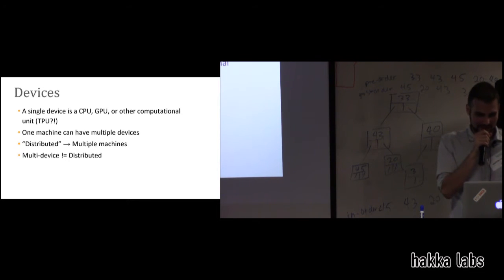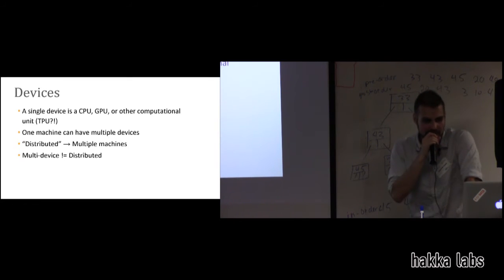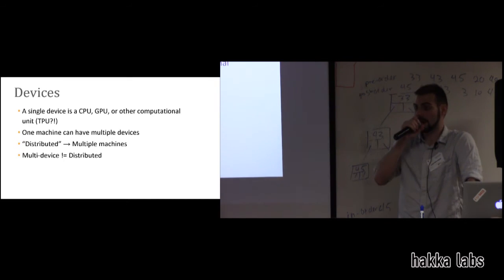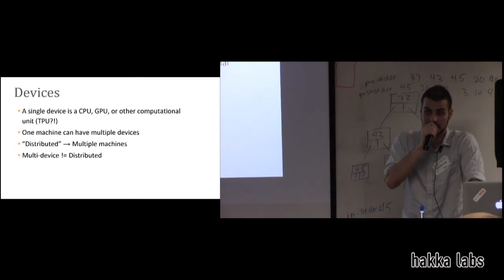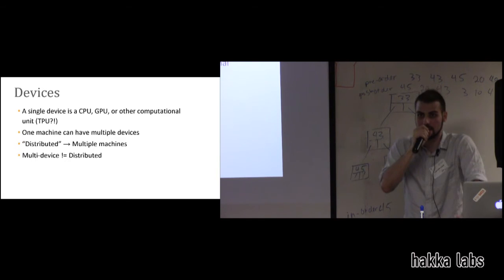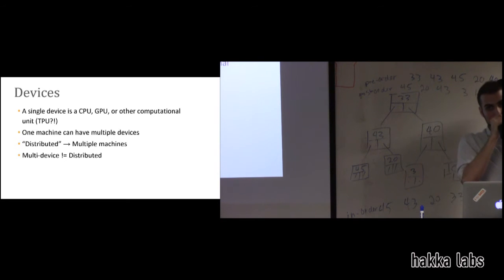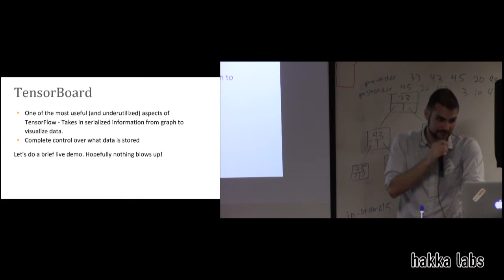But you know, kind of fun. So just know that multi-device doesn't necessarily mean distributed. If you have a regular computer with a GPU on it, you can run a multi-device setup, because you can have part of it execute on the GPU and part of it execute on the CPU, but it all stays within the same machine.